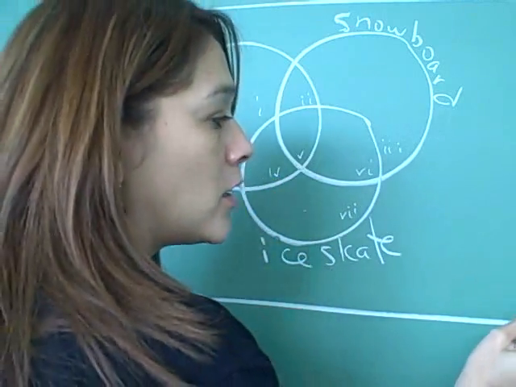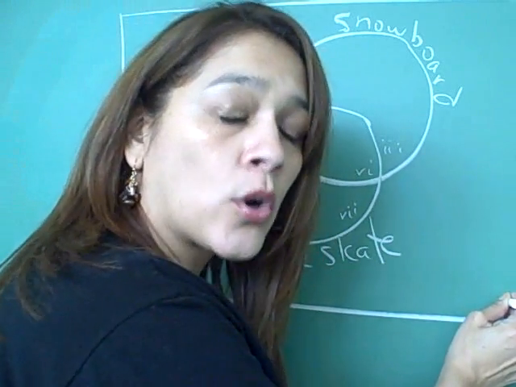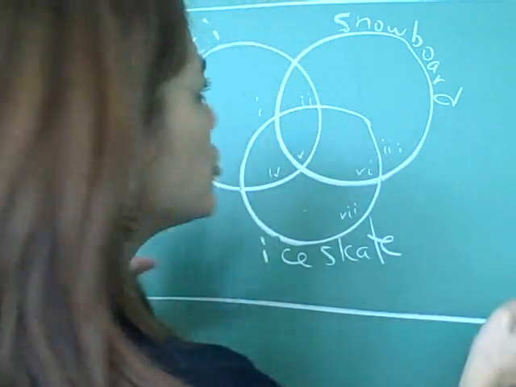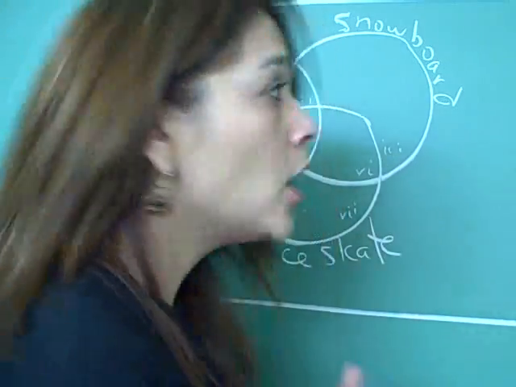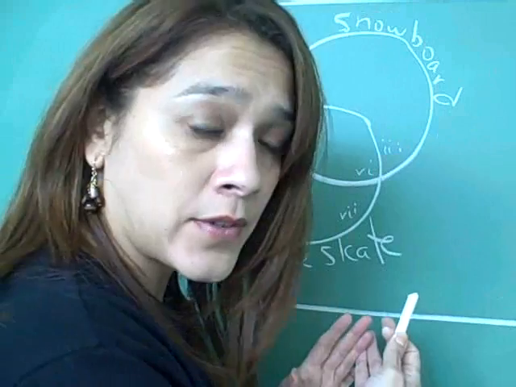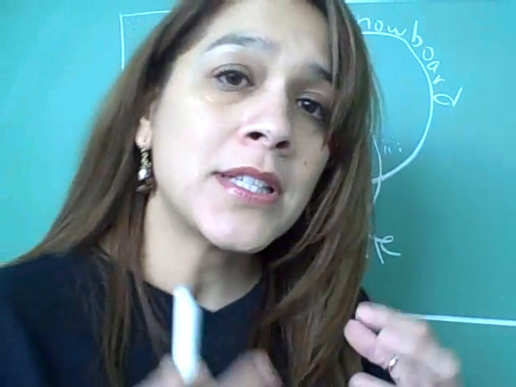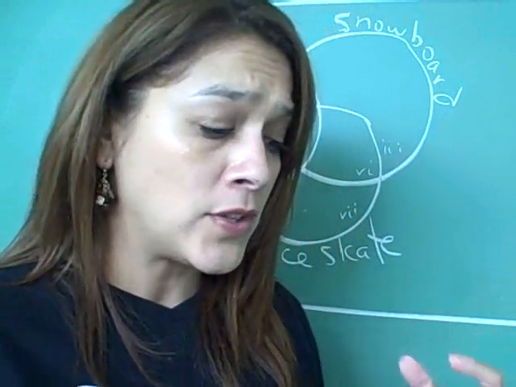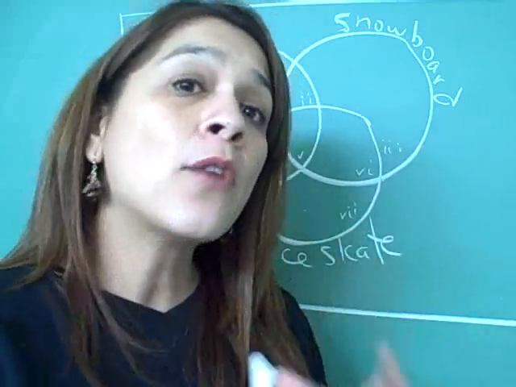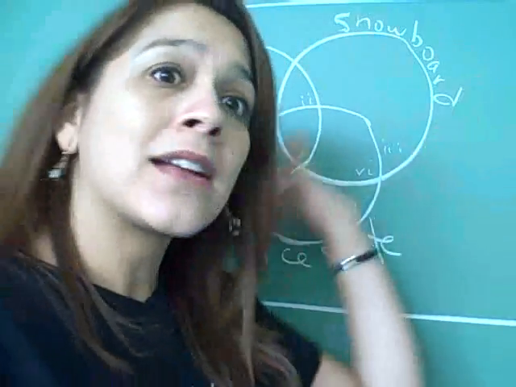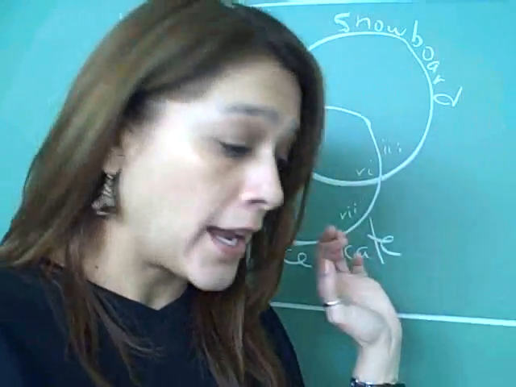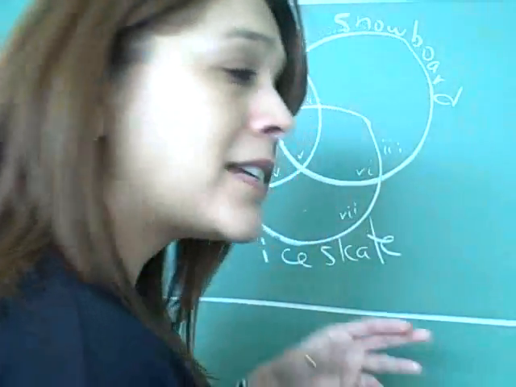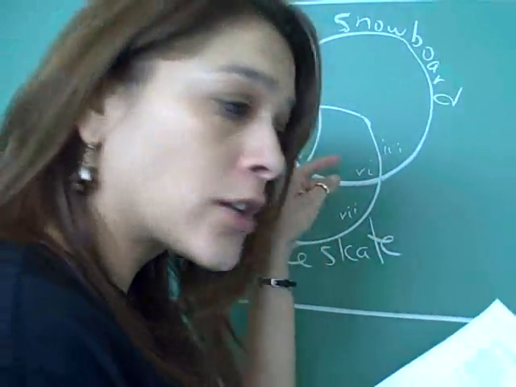And then lastly, you have this last region, or region 8. And region 8 discusses those people who don't like to do any of these activities. It is our job to take these 350 visitors and account for each one of them, what activities they like. So I like to actually start within the intersection.